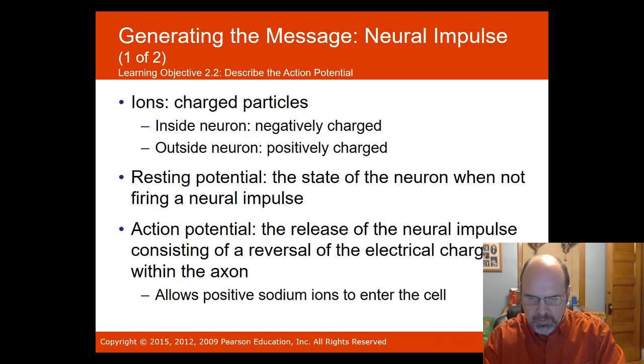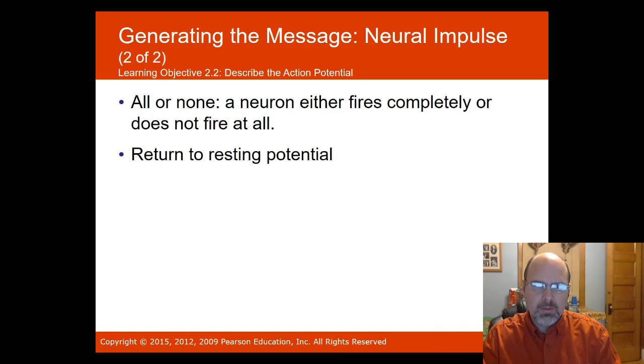So in the resting state, it's a negatively charged state. With the stimulus, the neuron fires and the ion channel is reversed. Also, it's an all-or-none deal, where a neuron fires either completely or not at all, and then it returns to its resting potential.